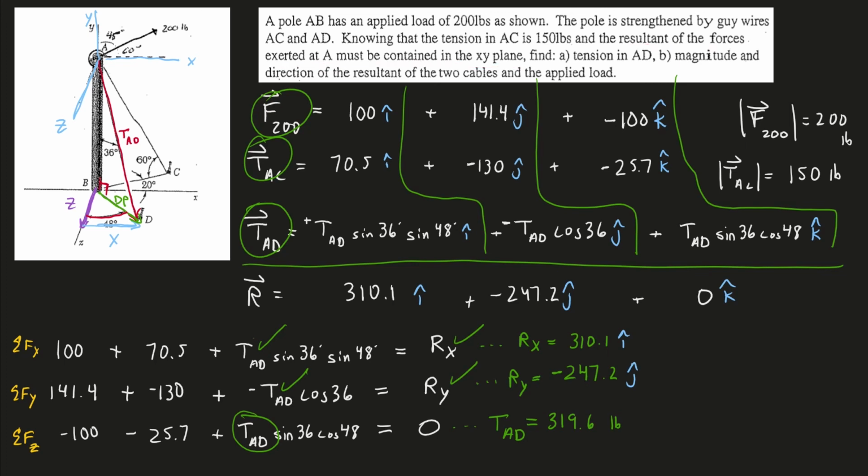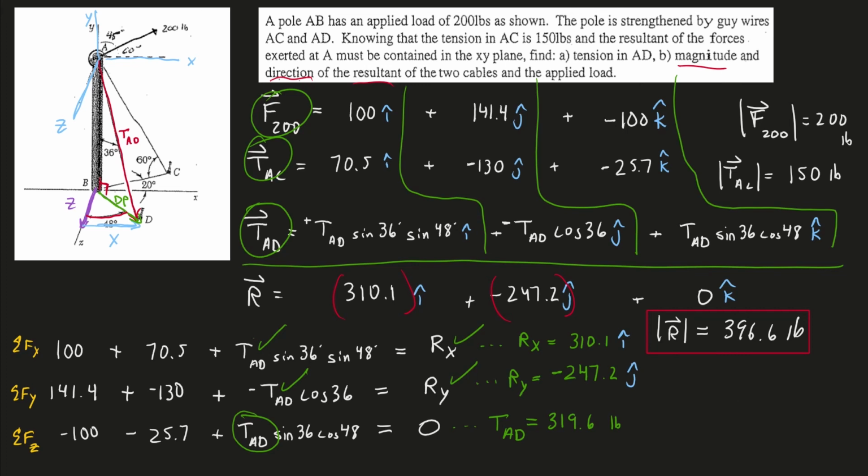So the question wants the magnitude and the direction of this resultant. Well, the magnitude is just going to be the square root of the sum of the squares of each component. And if you do that math, you'll get 396.6 pounds. Now for the direction of this vector, this is a 3D vector, so I would assume when they say direction they mean alpha, beta, and gamma.